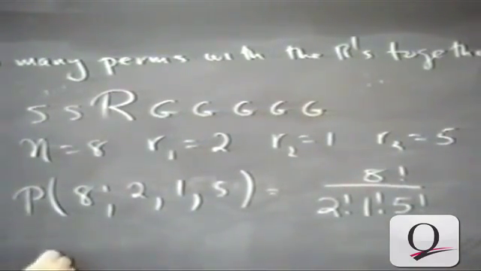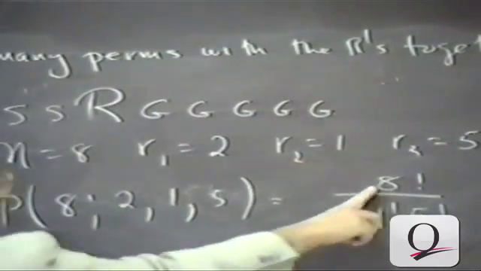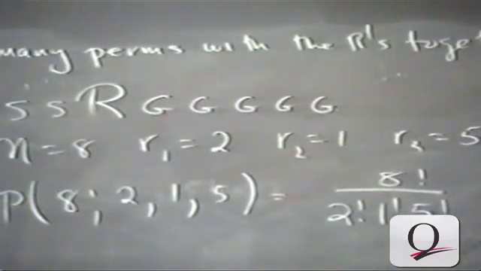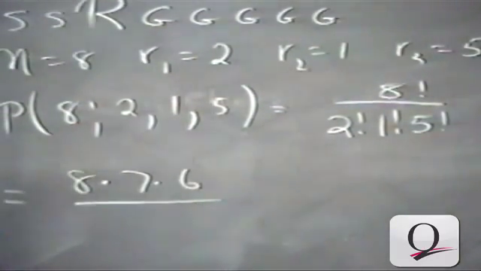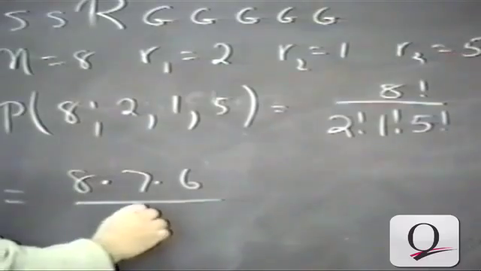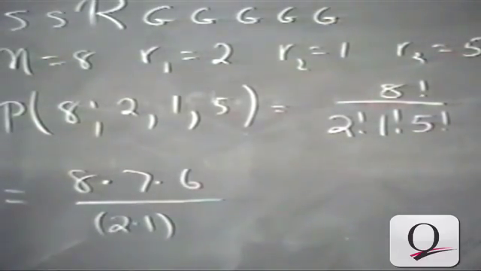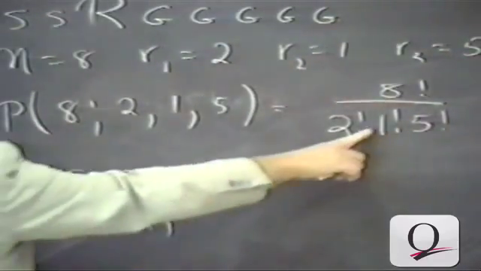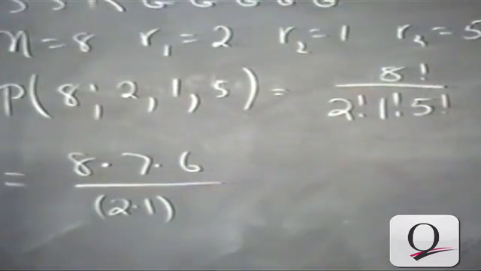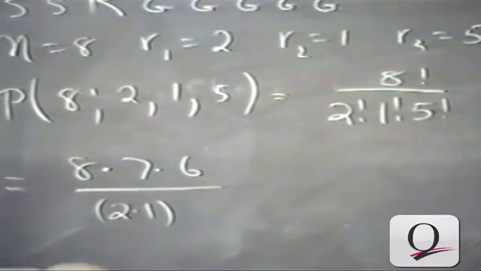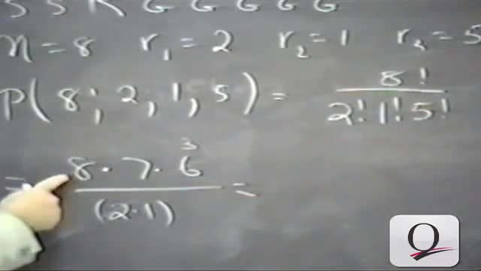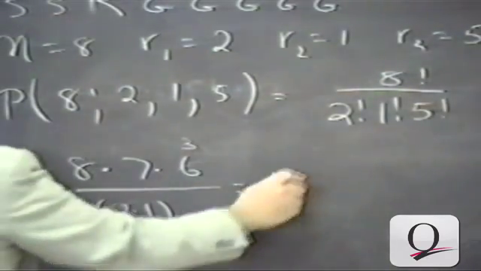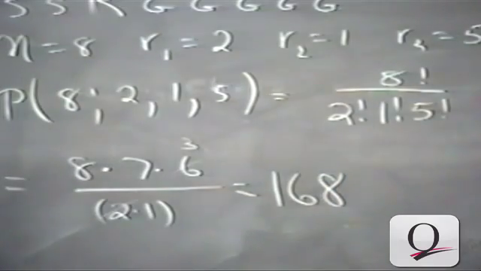And the 8 factorial and the 5 factorial will partly cancel each other out, and I'll get 8 times 7 times 6. And on the bottom I have 2 times 1 for the 2 factorial. And 1 factorial is just 1. So 2 goes into 6 3 times, and I'll have 8 times 21, 168 distinct permutations.